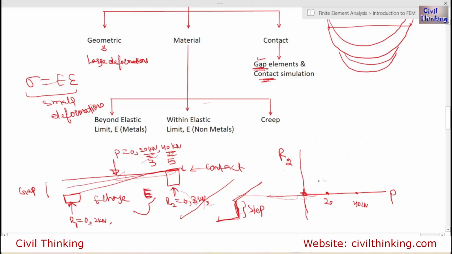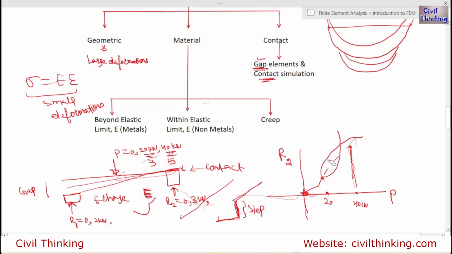So if I draw it, this is the reaction R2. Initially it was 0. When you increase, it becomes, for example, 20 like this. Then you change it from 20 to 40. If it was linear, it would have been here, right? But it is not linear. Maybe it will change like this, or it will change like this.